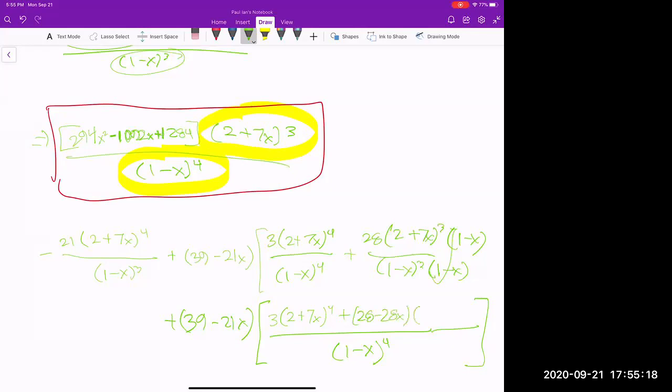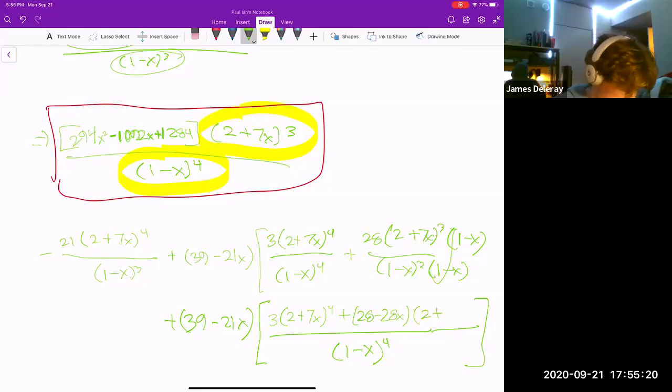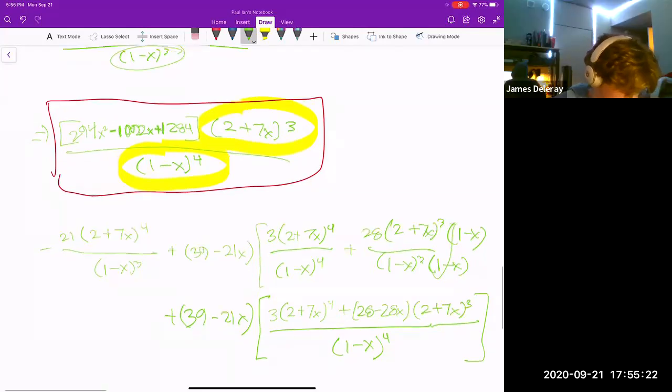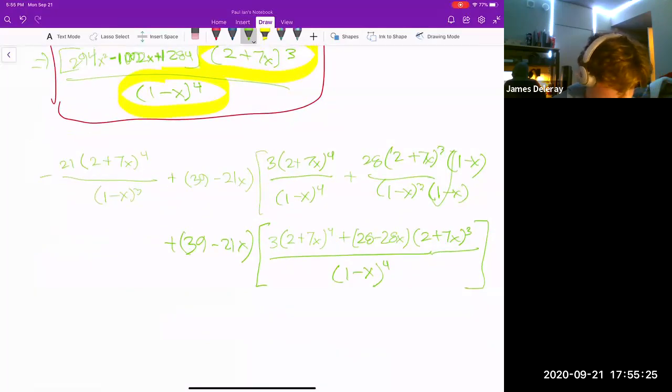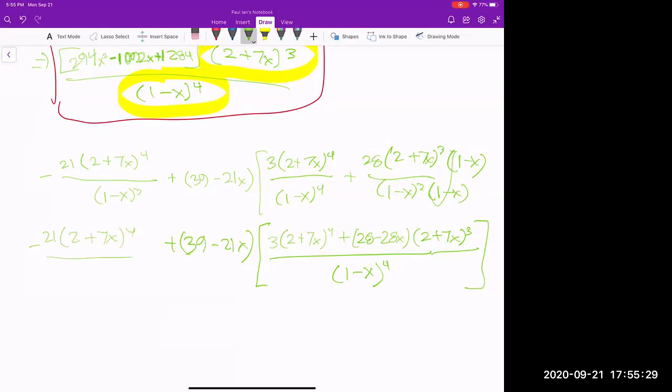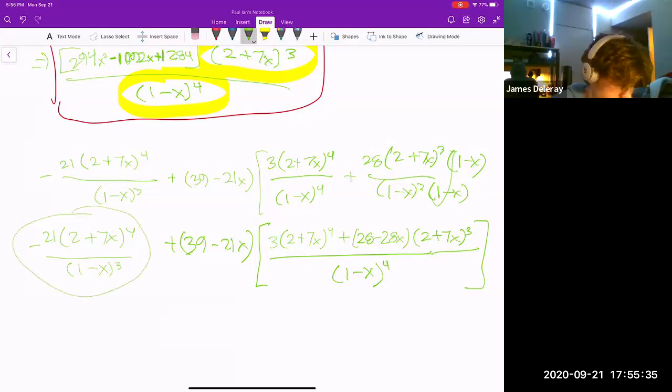Yeah, I have 28 minus 21 parentheses 7x plus 2 times 1 minus x. Okay, sounds about right. So now you just have to put them together. Do you have this term? Yes, I do. But I also have it multiplied by 1 minus x on the top.